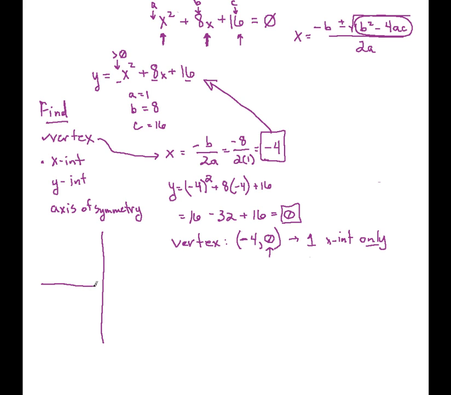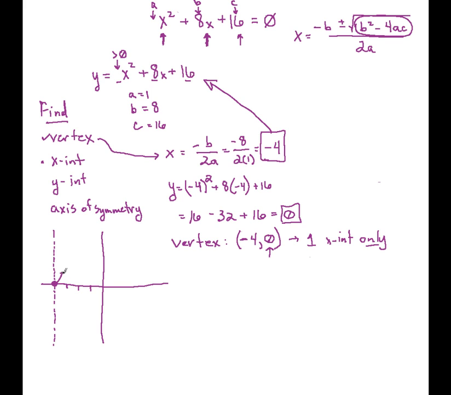So if we plot this up, negative 1, negative 2, negative 3, negative 4, right at y equals 0, that's going to be the vertex. The axis of symmetry for this parabola is going to be right there.